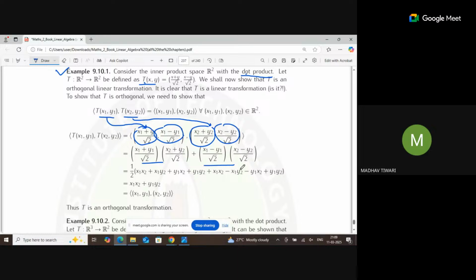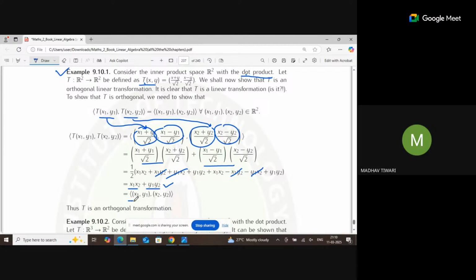From here I can cancel out the same values x1y2 and x1y2 with different signs, and y1x2, so this will be cancelled out and the rest will remain the same. So it will be equal to x1x2 plus y1y2. So it is equal to the dot product of the earlier vectors without transformation.